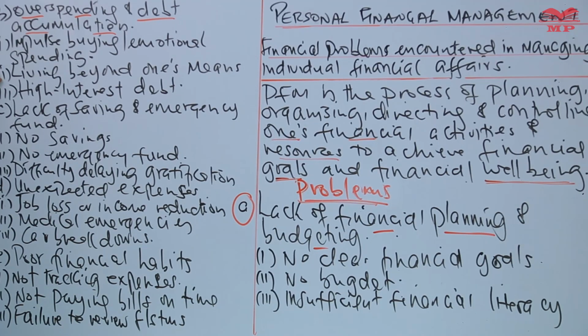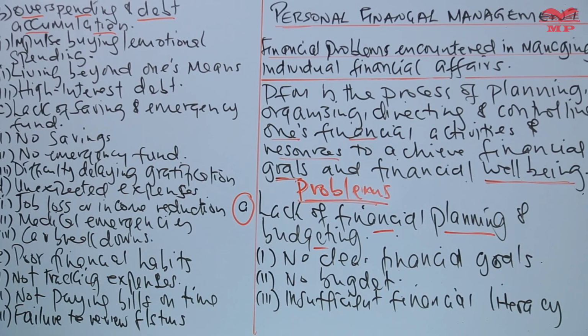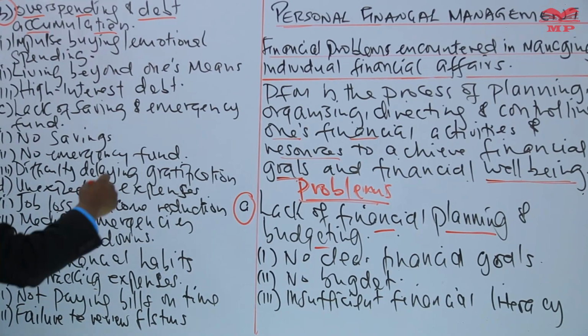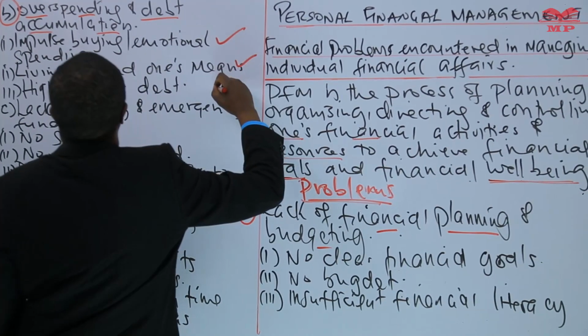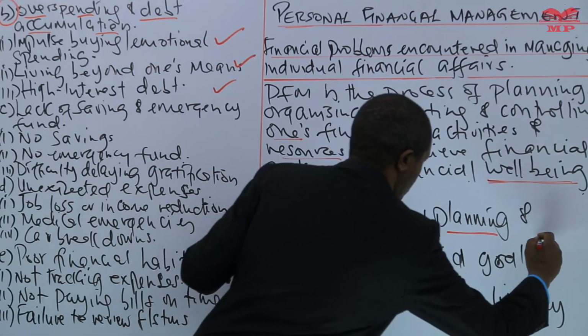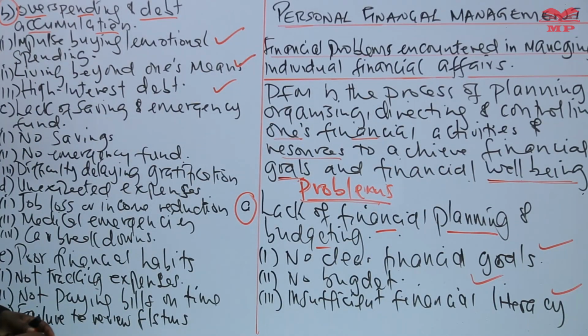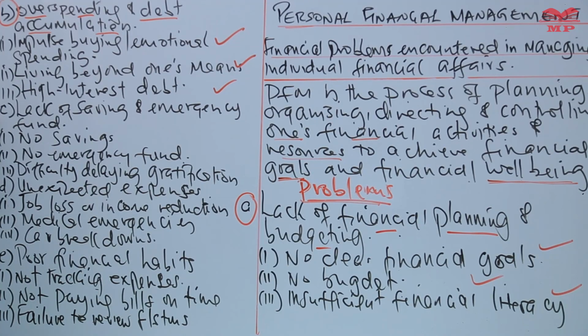Number 2, individuals should live within their means. Number 3, individuals ought to avoid high interest debts. That is the second category.